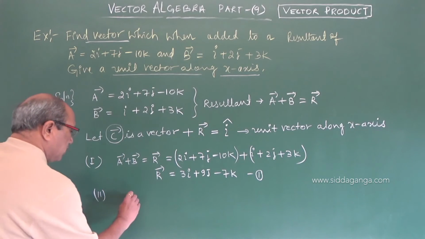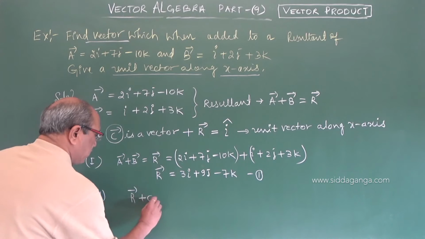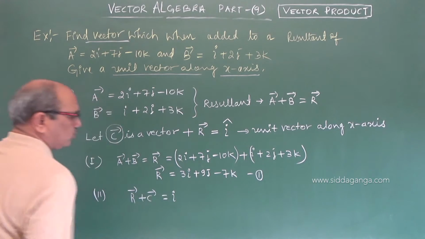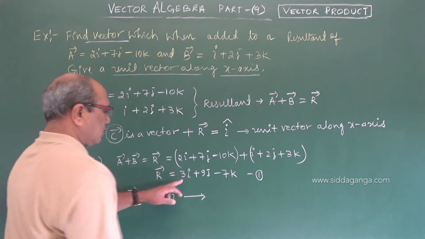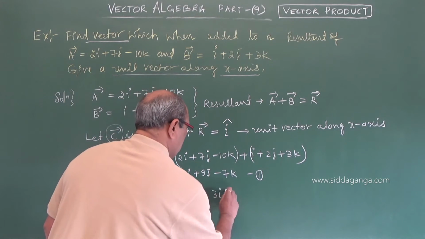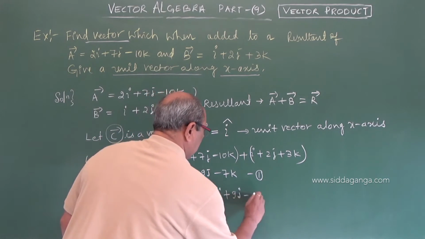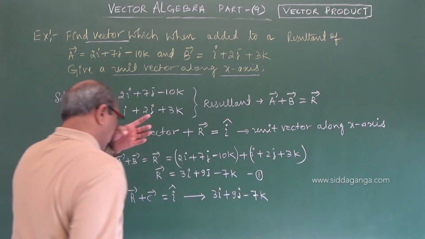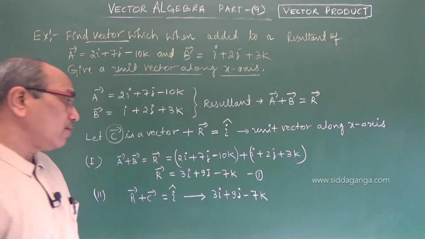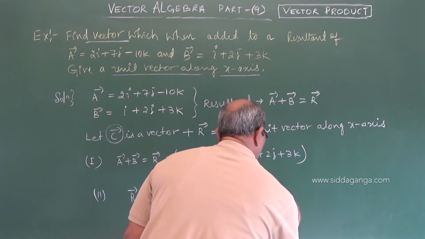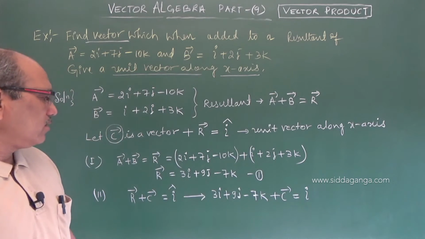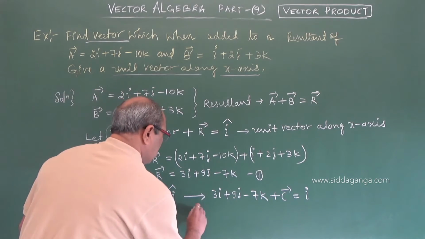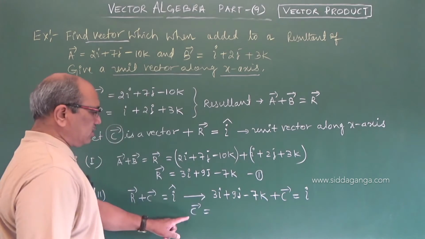Second, according to the condition, R plus C must equal the unit vector i. This implies 3i plus 9j minus 7k plus C must equal i. So leave only the C which you want. Vector C is the required vector.